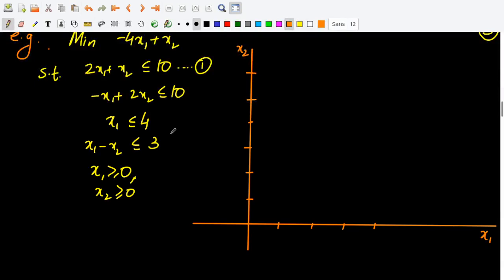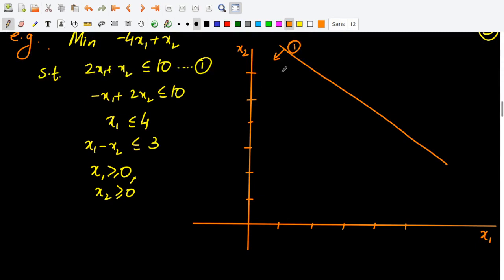If I look at my first constraint, it is a region marked by this line, somewhere like this, and this is my constraint 1.